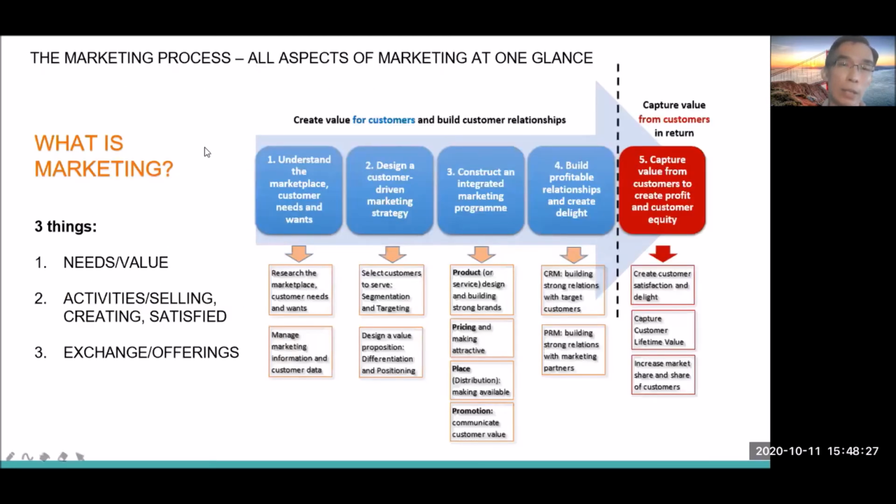So this is a chart that I have picked up from estateagentexam.com, where it's a whole lot. That means from the beginning until the end: understanding the marketplace, customer needs and wants, designing the customer-driven market strategy, constructing an integrated marketing program, building a profitable relationship with the customer, and then creating customer equity.